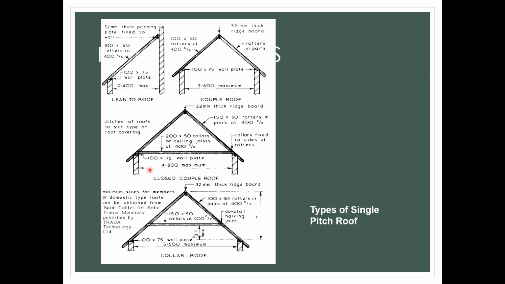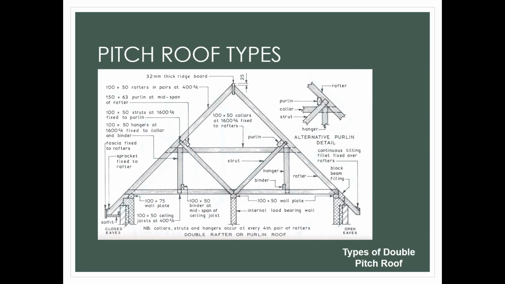So this can span up to 4.8 meters maximum. And then we have another one, which is the collar in the middle of the rafter. And these are the types of double roof pitch. For example, we have this wall, and then an internal load-bearing wall here.